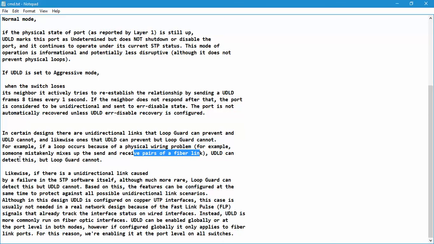The UDLD can detect this but the loop guard cannot. يبقى حد لخبط في البيرز بتاعت الفايبر، اليو دي ال دي يقدر يكتشفها.